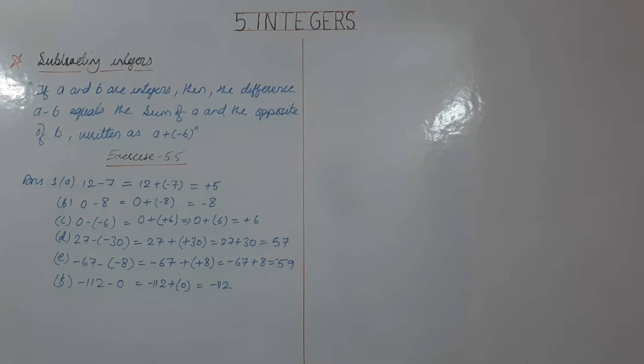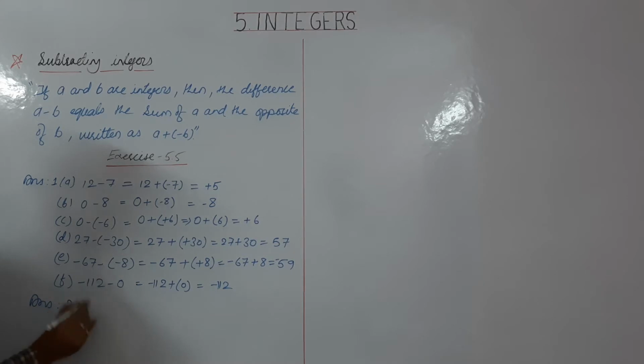The second question, question number 2. From the sum of 17 and minus 12, subtract 38. This is the statement. From the sum of 17 and minus 12. So we have to formulate this first.